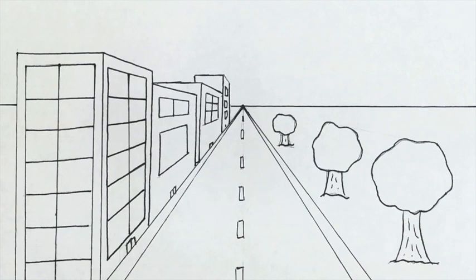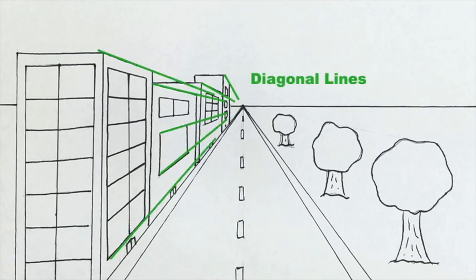So here we've got kind of a city near maybe like a park. There's a lot more going on in this one than in the previous example, but it all still works the same exact way. If things are going away from us, we're going to use diagonal lines.